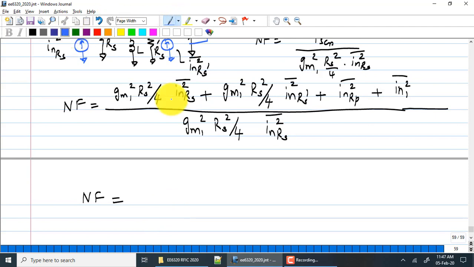So these two powers are equal. So we'll actually get 2. That's what I wanted to point out. So you will get 2 plus, what is INRP squared? 4kT by RP delta F, plus what is IN1 squared?